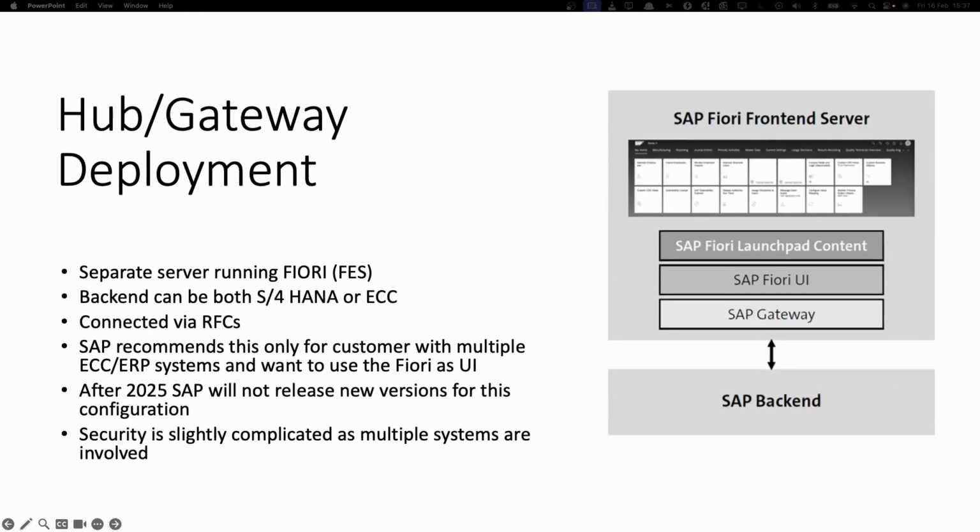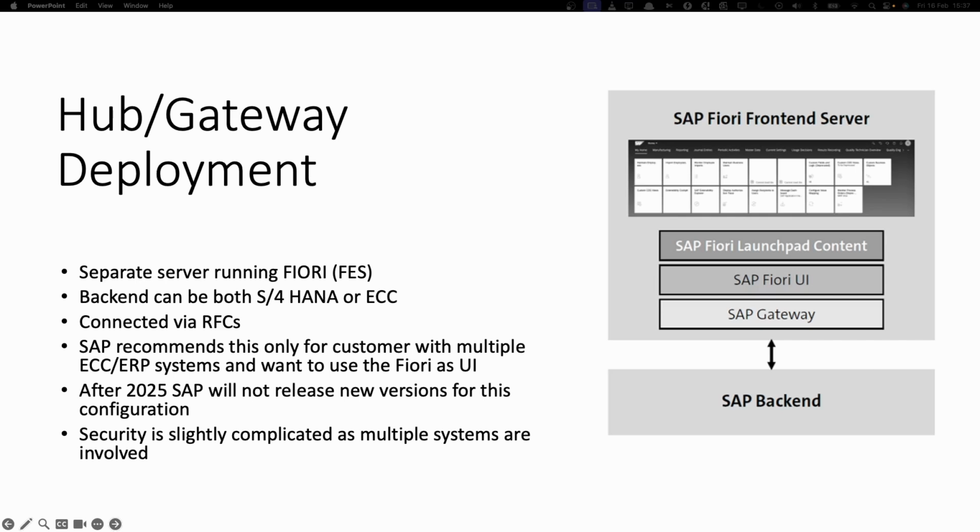So let's take a look at the gateway deployment in a bit more detail. What happens in the gateway deployment is your Fiori front-end server will run on its own system, or its own separate server, and your backend system will run on a different system, and these two systems will be connected via RFCs.